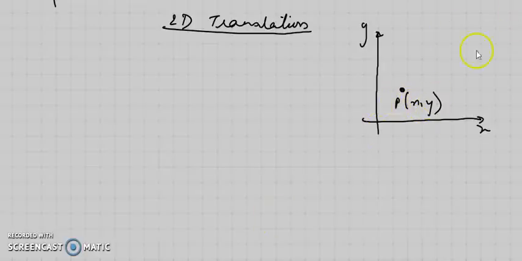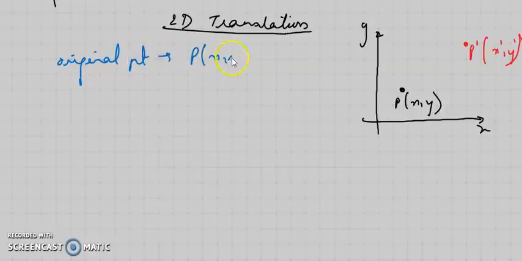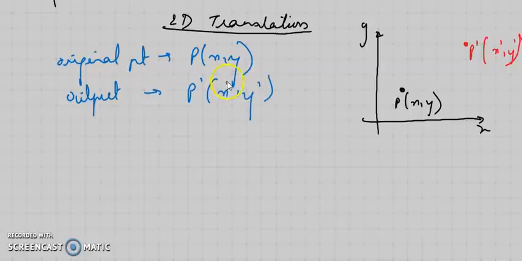And I want to translate it somewhere out here. So this becomes my P dash x dash y dash. Simple? Yes. So my original point is P x comma y. My output is P dash x dash y dash, right? So how am I going to translate it? That is the question.